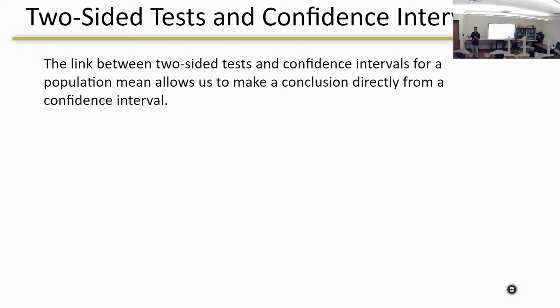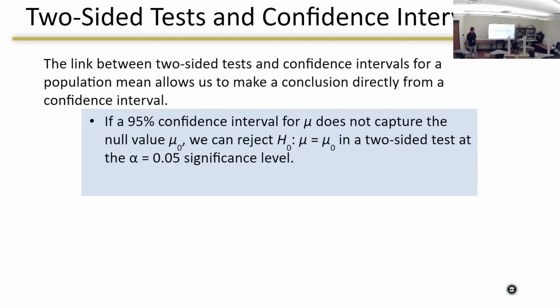There is a link between two-sided tests and confidence intervals. Don't forget this, okay? They're going to really start linking this together a little bit more. They'll do it in your homework. If you're doing a 95% confidence interval, that puts alpha at 0.05. It's important to know what level you are rejecting at. If we did a 95% confidence interval, we're rejecting at 0.05.